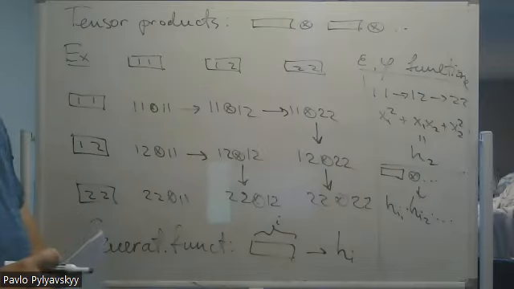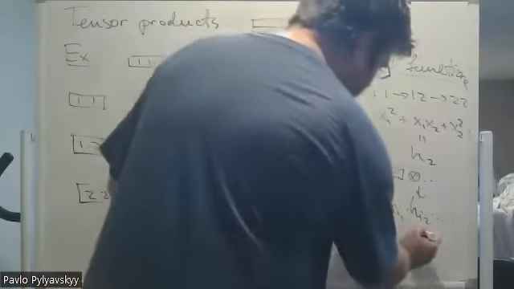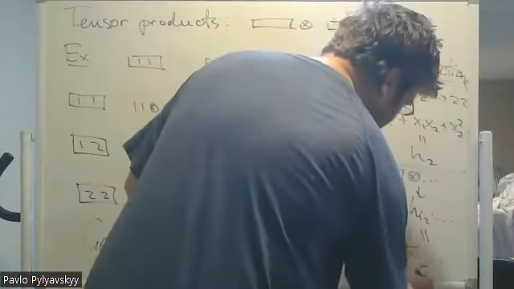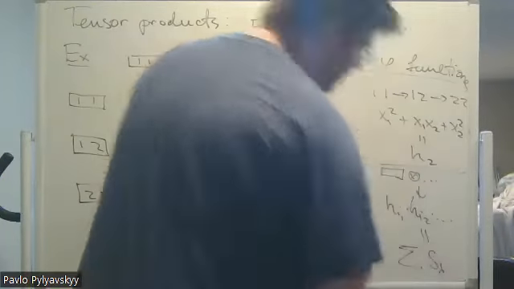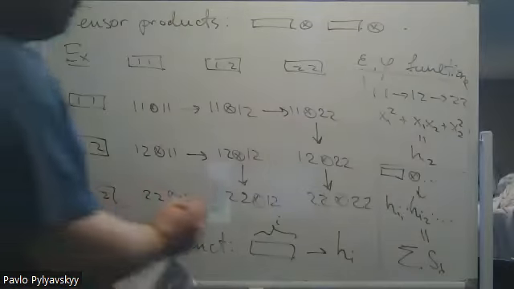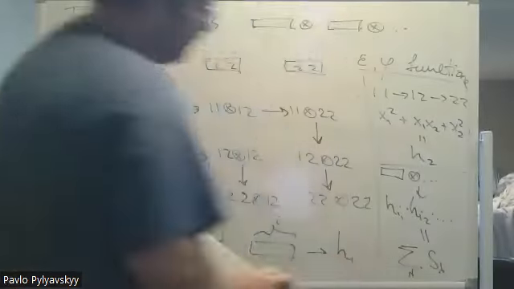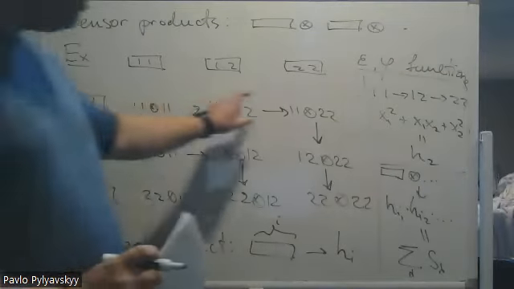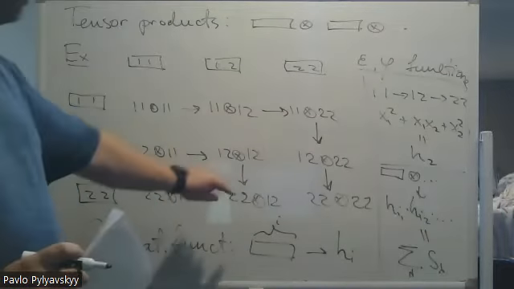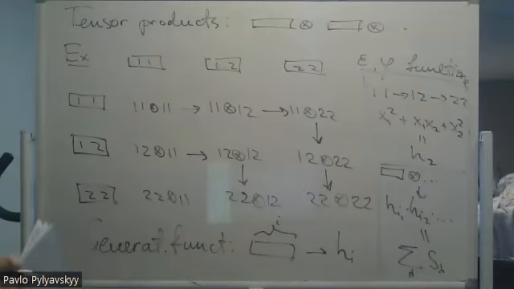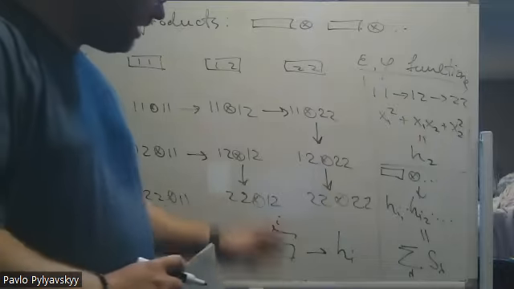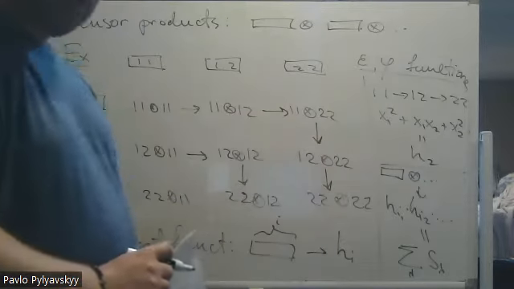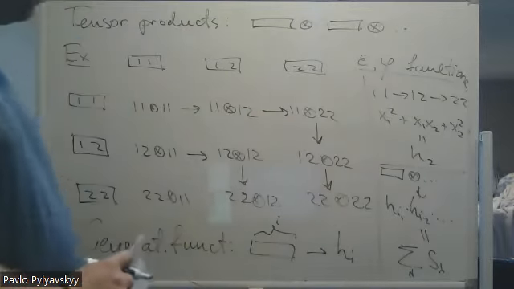If you've seen this theory before, you would guess that this is just how this product decomposes into the so-called Schur functions. Each connected component of this tensor product crystal will have as its generating function a Schur function.